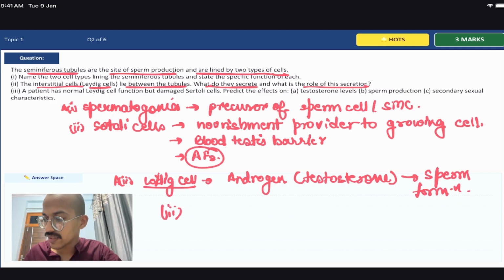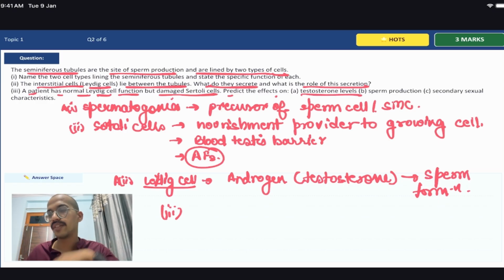Next: a patient has normal Leydig cell function but damaged Sertoli cells. Predict the effects on testosterone level. Now you know that Leydig cells are responsible for testosterone formation. So testosterone will keep on forming and its level will be normal. What will the sperm production be? Since Sertoli cells are not there, they are not able to provide the basic nourishment.